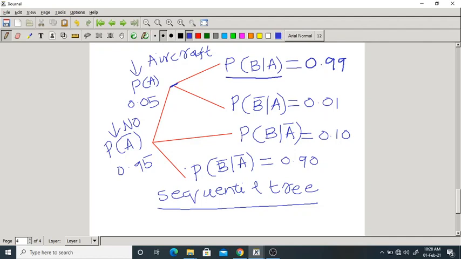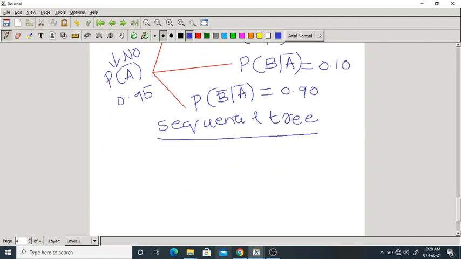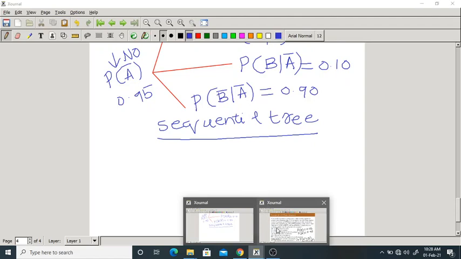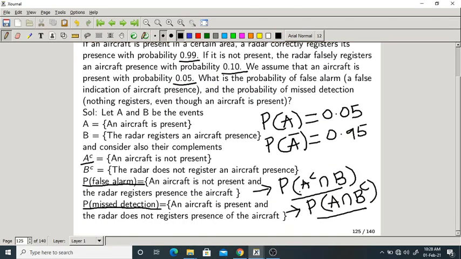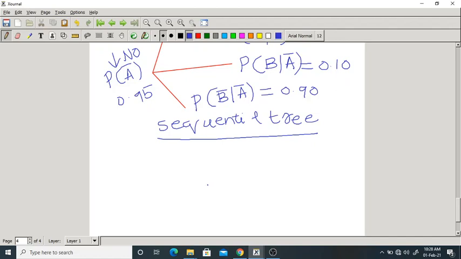So finally, what do you want? You want P of A intersection B complement and P of A complement intersection B. First of all, the probability of false alarm.